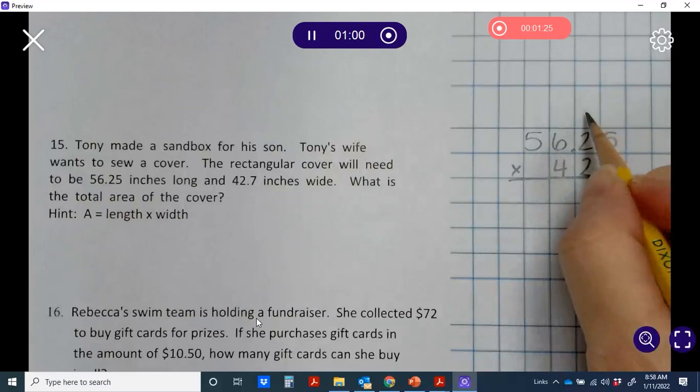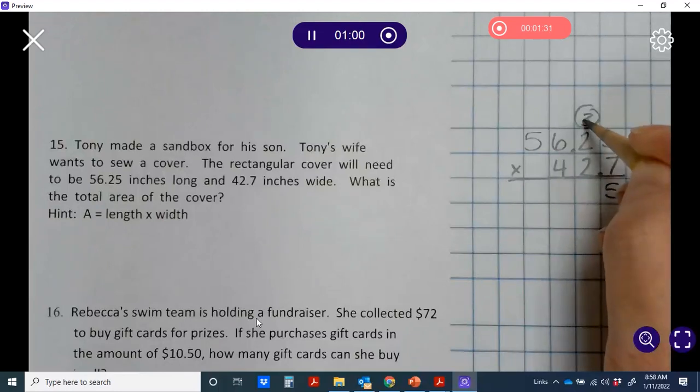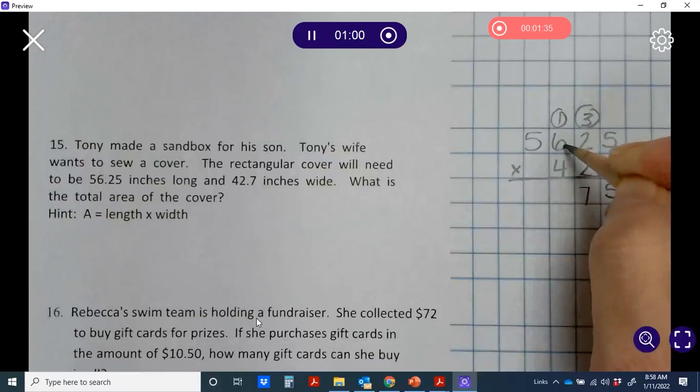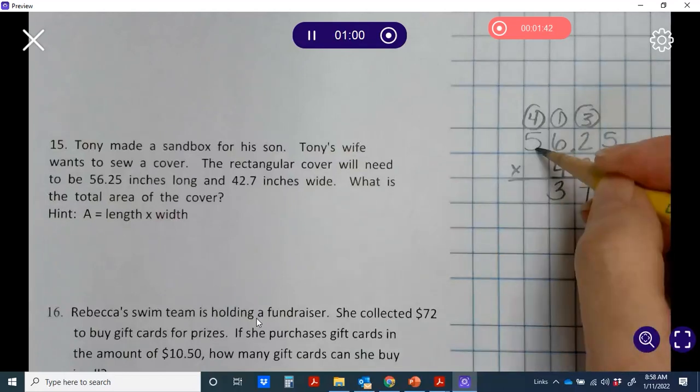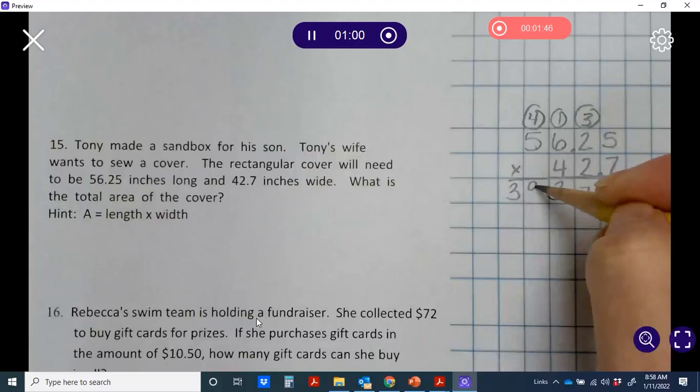7 times 5 is 35, carrying the 3. 7 times 2 is 14, 15, 16, 17. 7 times 6 is 42, 43. 7 times 5 is 35, 36, 37, 38, 39. Okay.